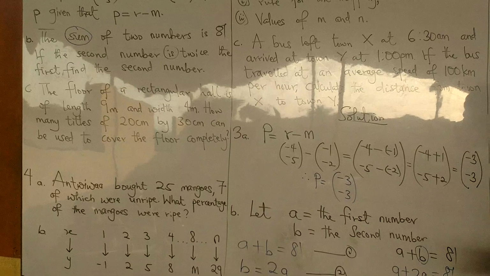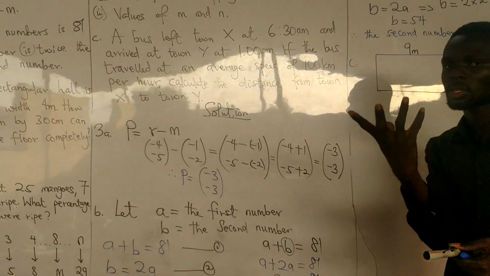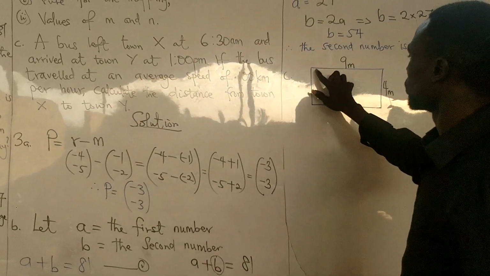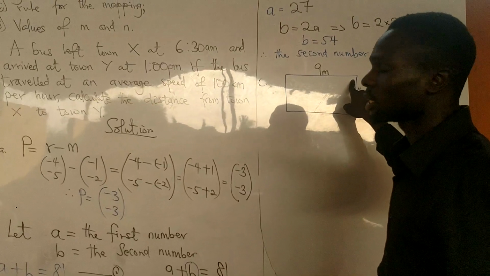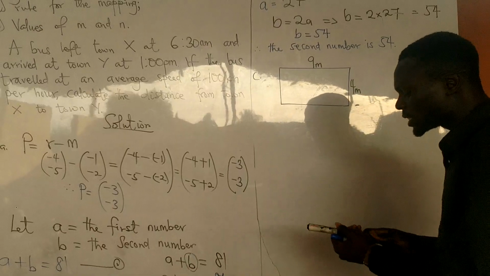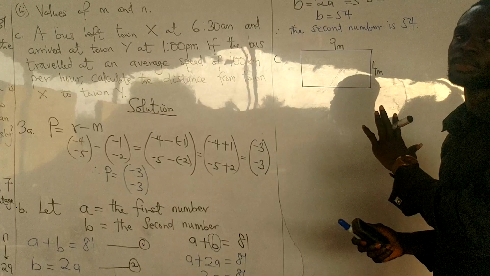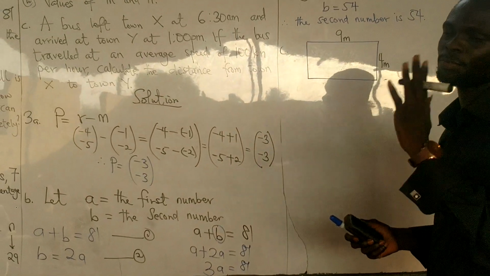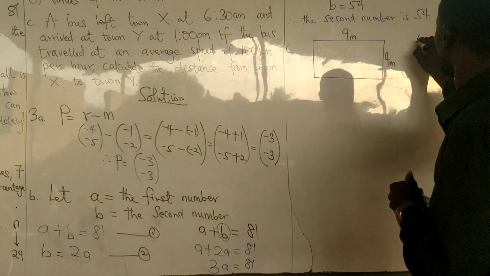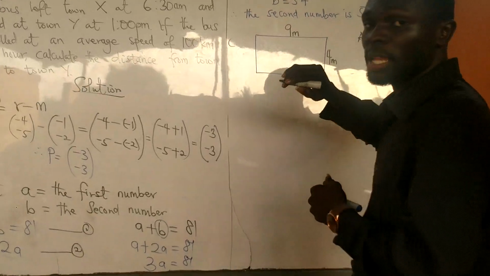So you've been asked to calculate the number of tiles that can be used to fill this floor with 9 meters long and 4 meters wide. Now the first thing we are going to do is to find the area of the rectangular plot. And the area of a rectangle is calculated as the length times the width or the breadth.